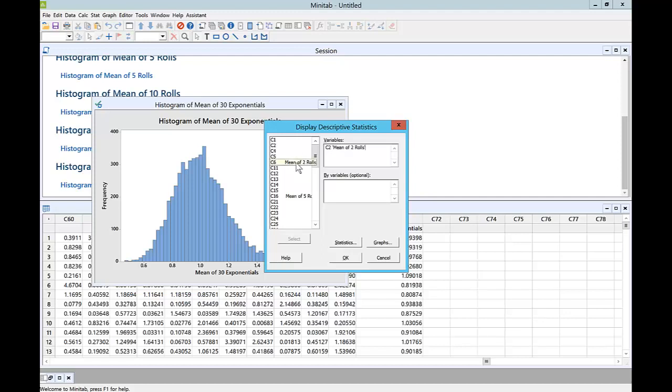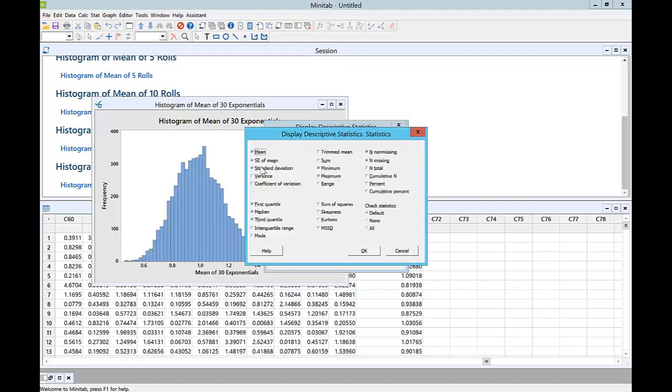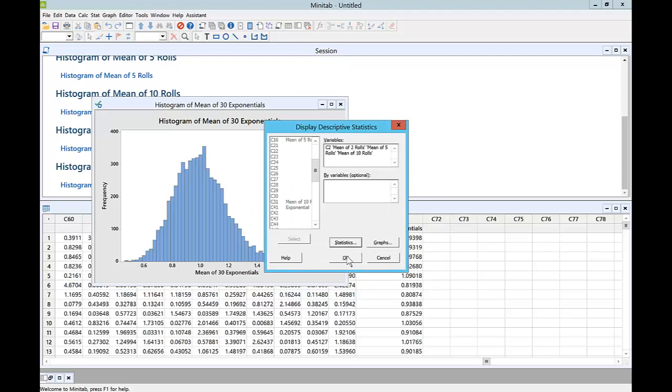I want the mean of 2 rows, mean of 5 rows, and mean of 10 rows. And the statistics that I want are just the mean and standard deviation. Get rid of all these other things, just because there's going to be a lot of clutter otherwise. And we'll say OK, and we'll say OK.